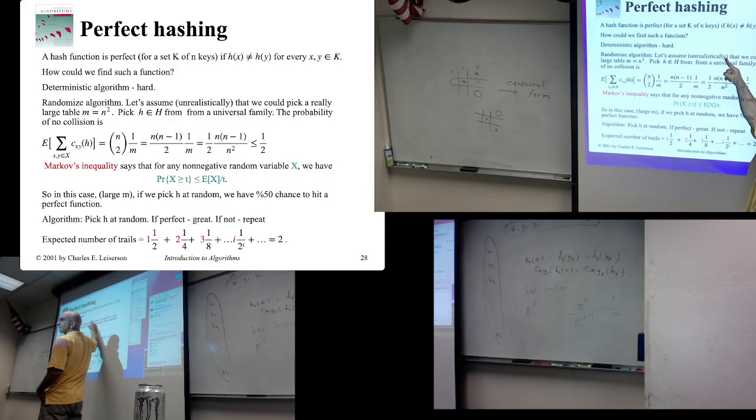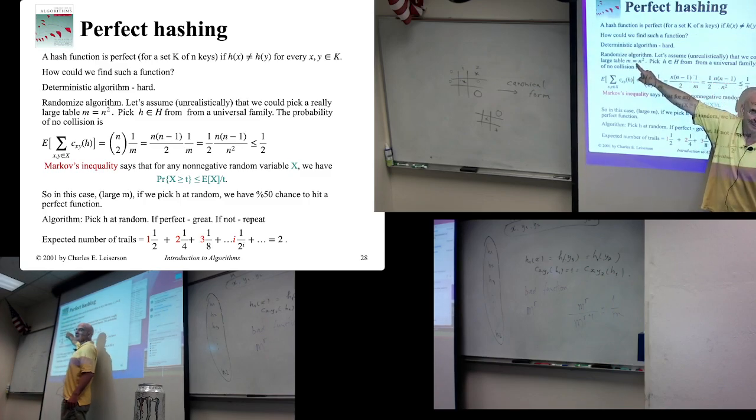I will pick a universal family of hash functions. But if I'm keeping m and n roughly of the same size, there is no hope. A universal family will cause few collisions, but one of these n annoying keys has to collide with somebody else. I cannot avoid it, even if I pick a universal family, as long as n and m are of the same order of magnitude. What will happen instead if I pick m to be quadratic, m to be n squared?